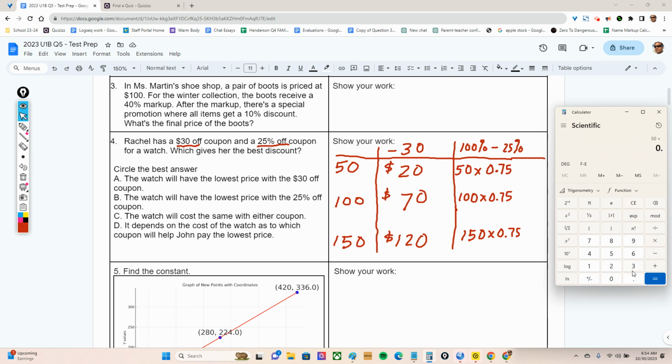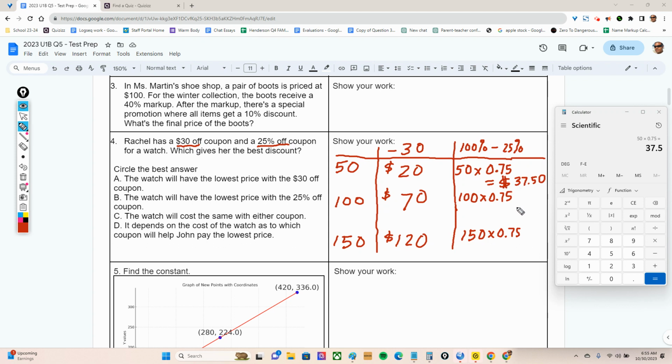Then clear it out. 50 times 0.75 equals $37.50. Ooh, my dollar sign is messed up. You're going to have to get that dollar sign right. $37.50.